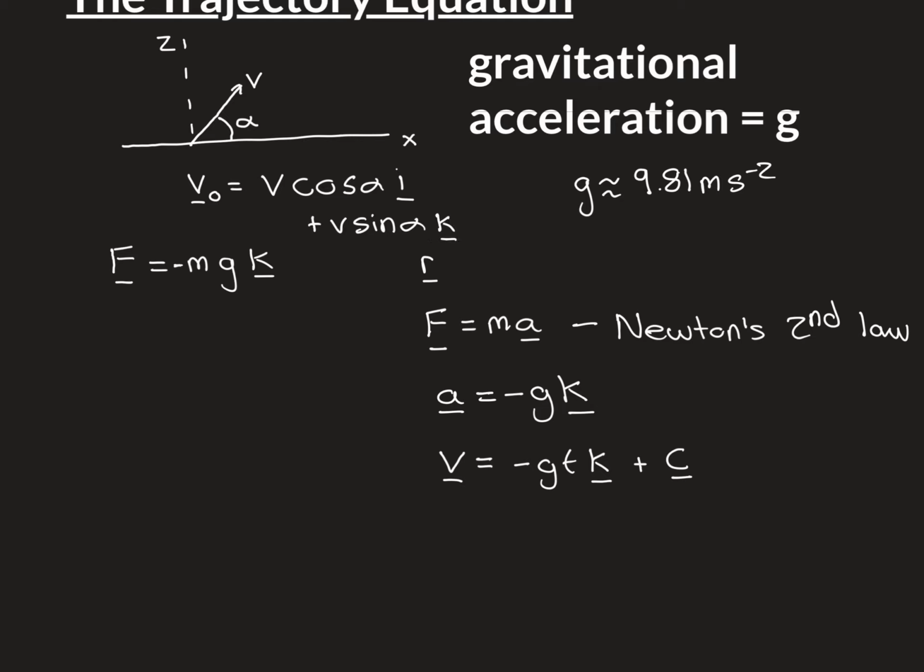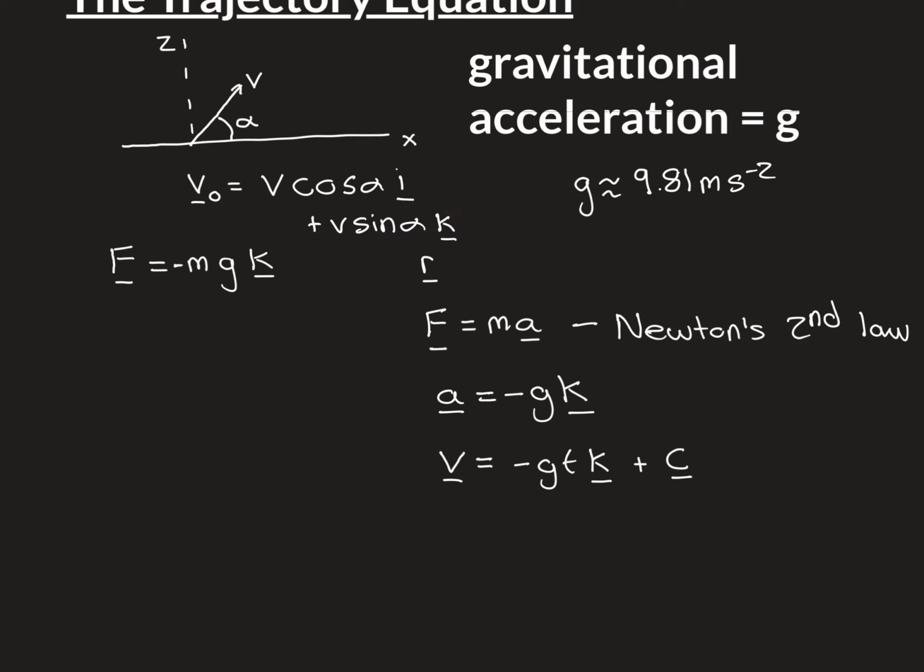So that's better. The size of the component in the i direction is just going to be the modulus of the vector times cosine of this angle. That will give this side of the triangle. So we'll have v cos alpha in the direction of i, and then this bit here is v sine alpha, the length of this side of the triangle, in the direction of k. So that is the starting velocity vector for the particle.